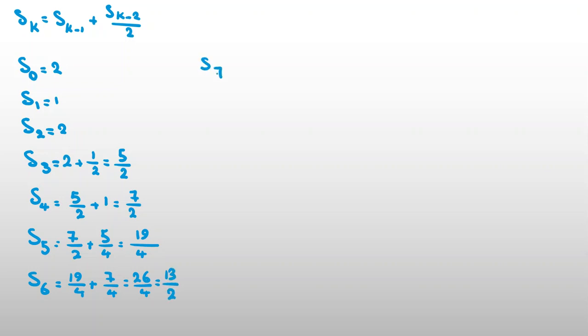Let's calculate S7. We want to reach S11, because the problem asks for S11. S7 is the previous part, 13 over 2, plus 5 over 2 over 2, which is 19 over 8. And if we use common denominator 8, 4 times 13 is 52, plus 19, gives 71 over 8.